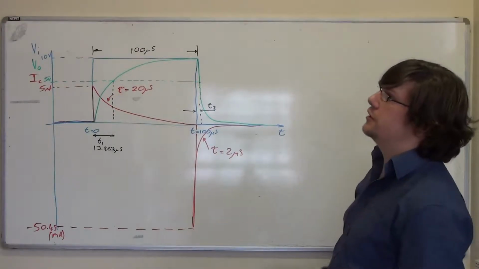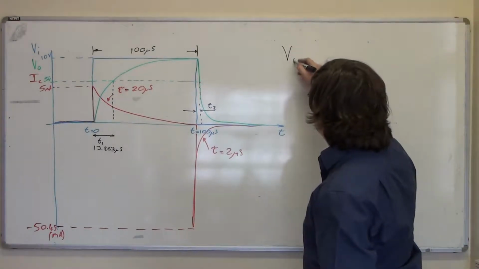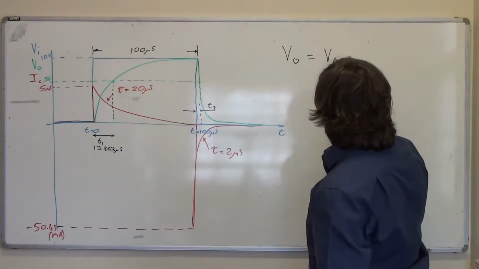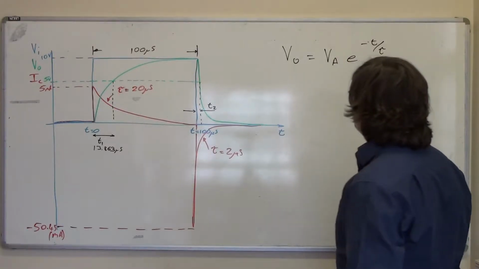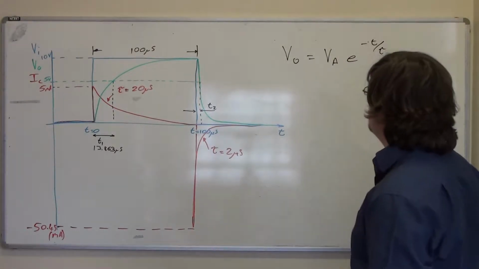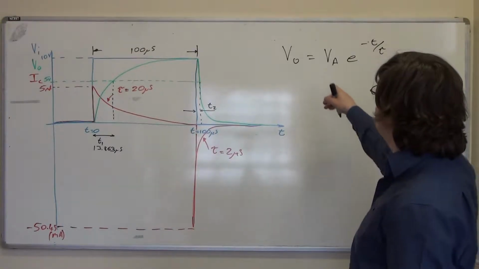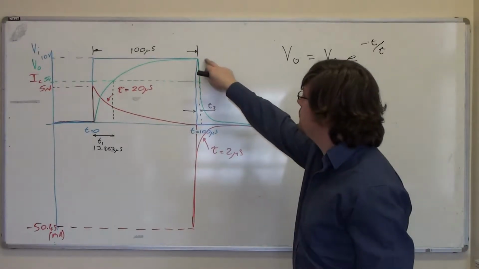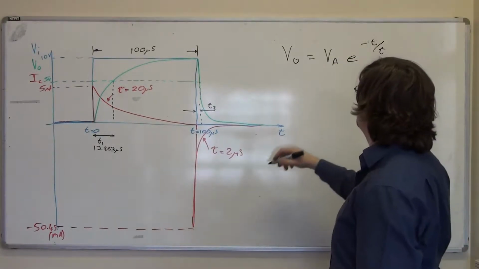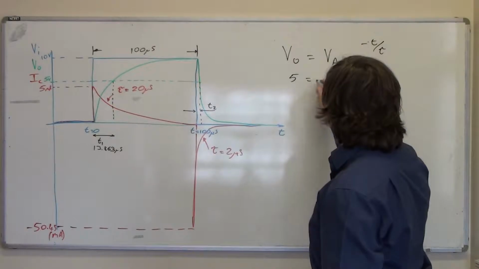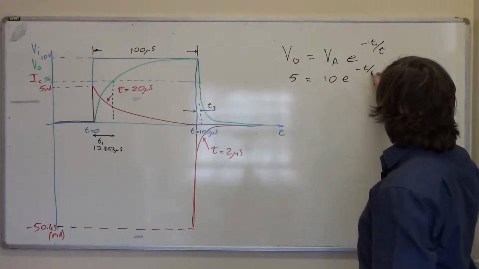Okay, it's exponentially shaped, but it's a slightly different exponential. For this one, VR is equal to VA e to the minus t over tau, where VA is the aiming voltage. And you can put 10 in there if you want to, because it's 10 that we're changing across. So we've got 5 equals 10 e to the minus t over tau.